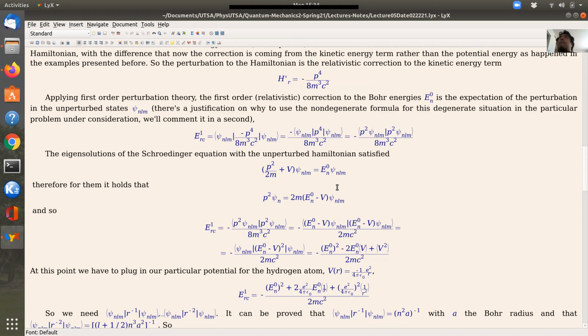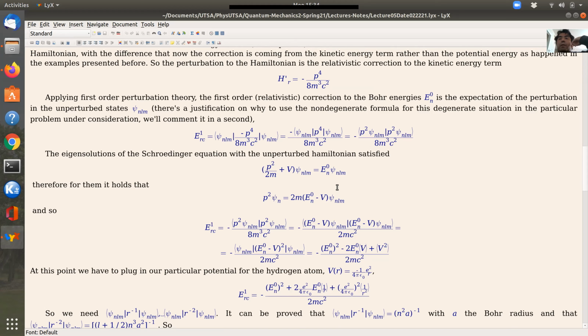Now, we're going to remember a little bit of what we learned regarding the hydrogen atom in your previous course. So when it's unperturbed, well, we have the kinetic energy in the classical case, of course, the potential of the hydrogen atom, and then the energy eigenvalues, which are the Bohr energies.